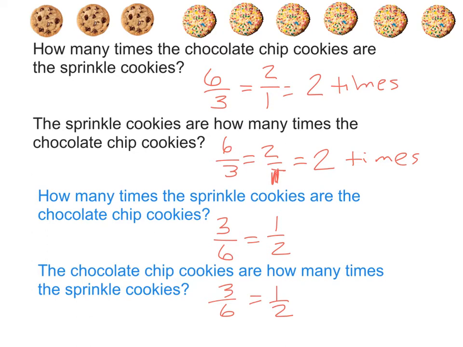I'm going to show you one more algebraic way to look at the sentence and analyze how to figure out which number goes on top. You look for the word is or are. So here's the is's or are's. In this case, they're all are's. And there's always a how many times something is or are something else.